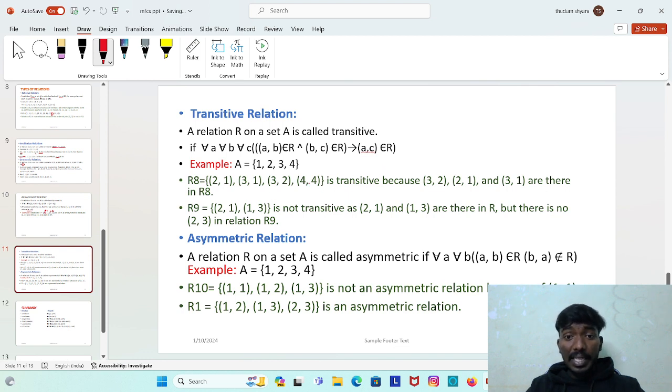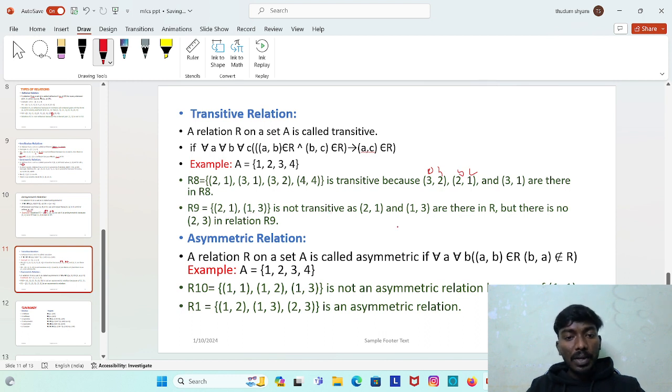So this relation is called transitive because it contains 3 comma 2, 2 comma 1, and 3 comma 1. Here a comma b and b comma c are present, so a comma c is present. Here 3 is considered as a, 2 is considered as b, and 1 is considered as c, and a comma c is present. Now another example: 2 comma 1 and 1 comma 3.